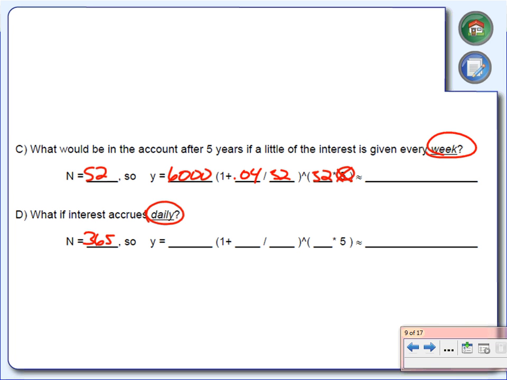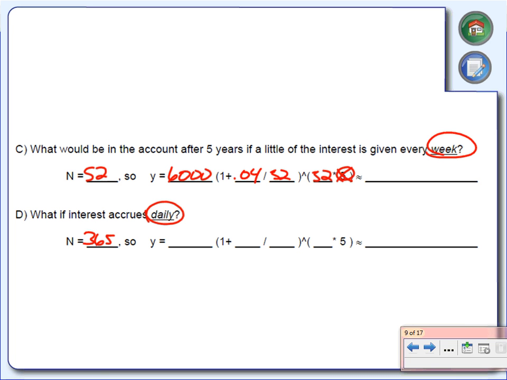Go to y equals and let's type in 6,000 parentheses 1 plus 0.04 divided by 52, raised to the 52x. 52 times x, that's your exponent. When you've got it in there, go to your table. In your table, you're going to look right next to 5.